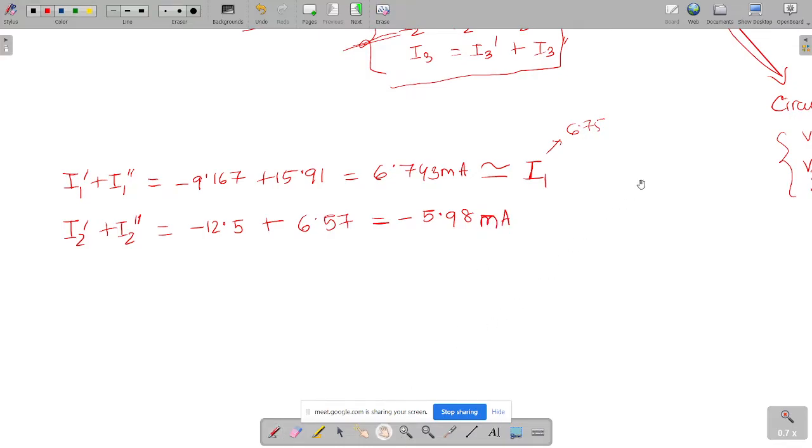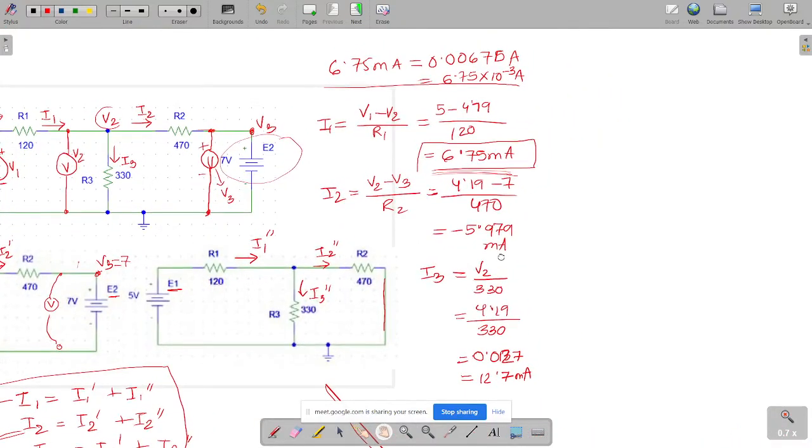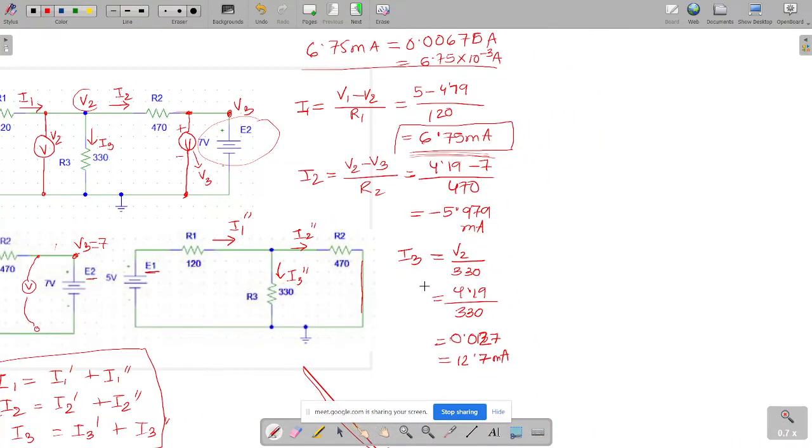Now can we go back to the solution of circuit 1 and see whether I2 is equivalent? Here, what we found for circuit 1, I2 was equal to minus 5.979, right? It was something like this.